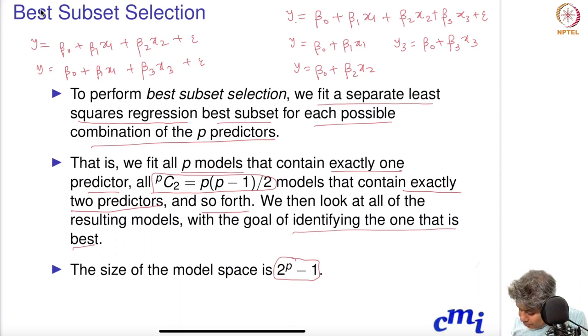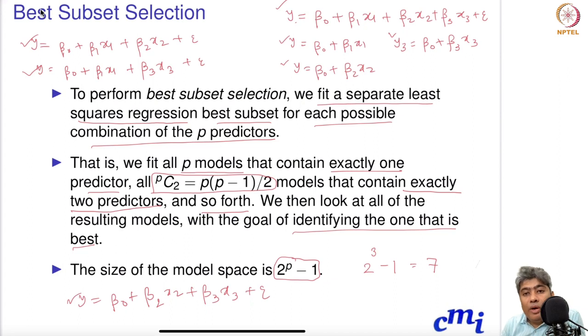Then beta naught plus beta 2 x2 plus beta 3 x3 plus epsilon. So how many models are there? 1, 2, 3, 4, 5, 6, 7. Now P is 3, so 2 to the power 3 minus 1 is 7. So there are 7 models.